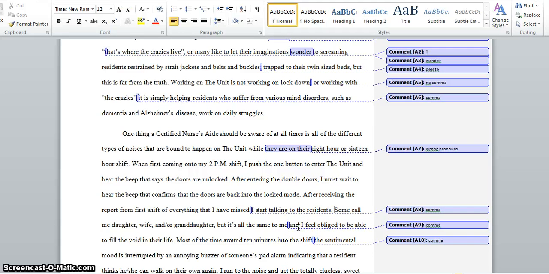Now an independent clause is basically a sentence. So when you have a situation like this, you have to look at what comes before the conjunction and what comes after it. So before it, you have some call me daughter, wife, and or granddaughter, but it's all the same to me. After it, you have I feel obliged to be able to fill the void in their life. So you have two independent clauses coming before and after it, so you need a comma right there.